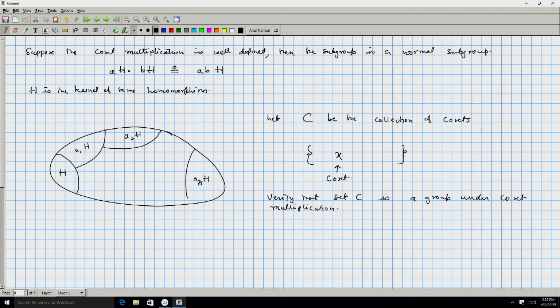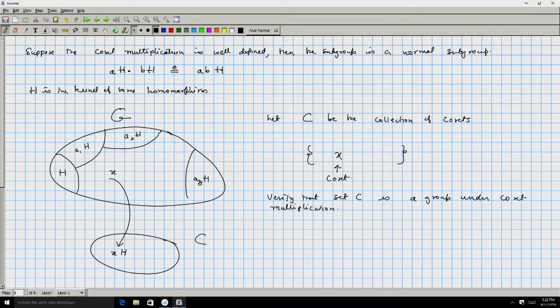Since the operation is well defined, we can check whether that operation is associative, whether inverses are present, whether identity is present and so on. You can verify all these things and conclude that this collection C under the coset multiplication is a group. Okay. So, now let us consider our main group G and consider a function which maps elements of G to this collection C. So, an element x is mapped to the coset xH.